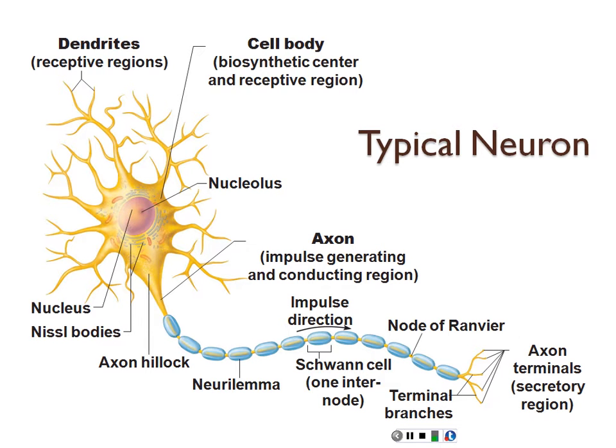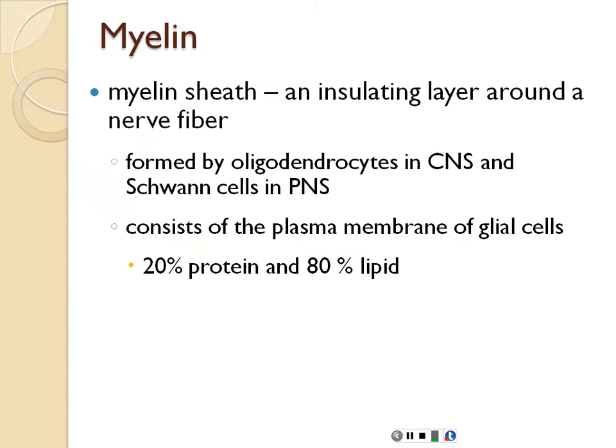And there's our neuron again, and the Schwann cells are myelin. So the myelin sheath is an insulating layer around a nerve fiber. One other key thing here. Any idea what a nerve fiber is?